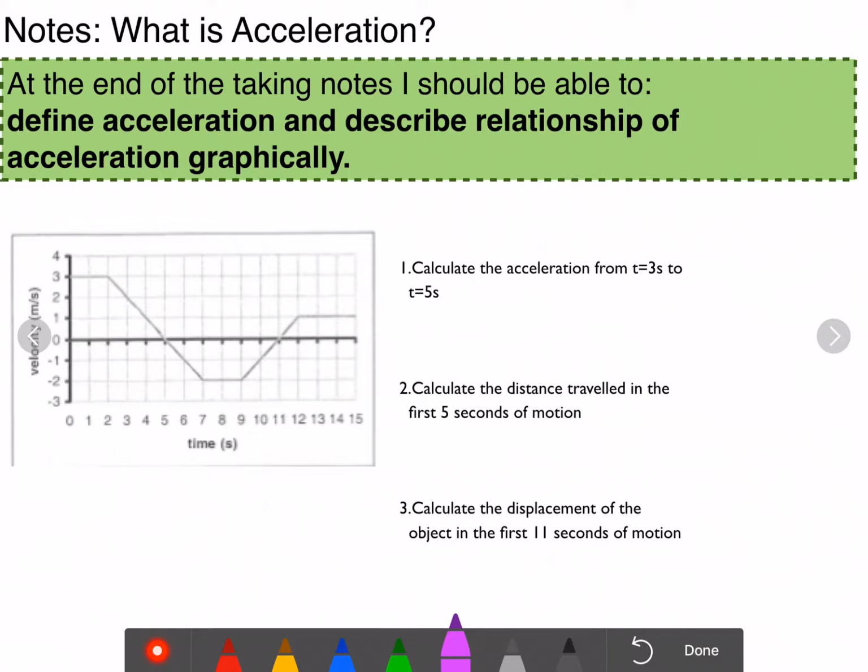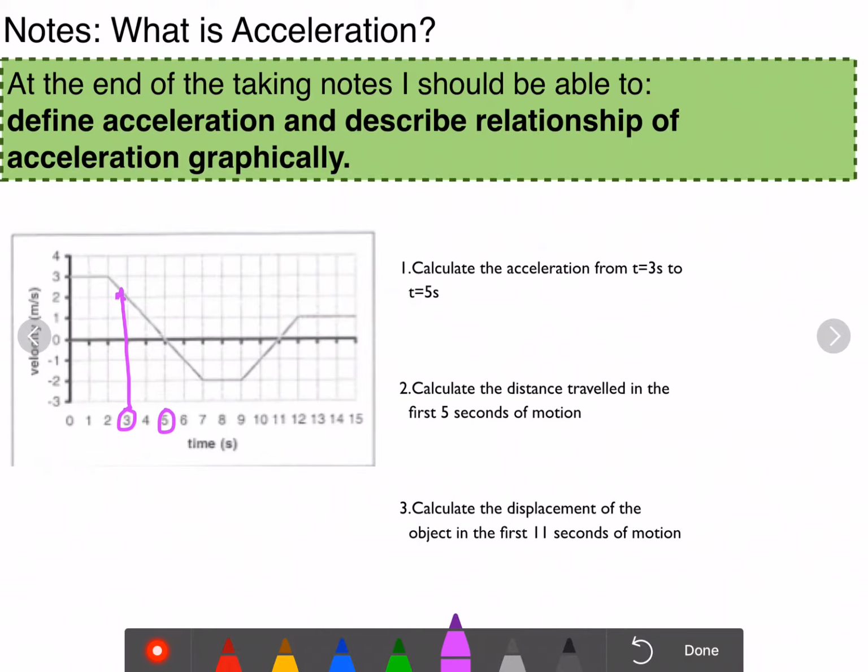So calculate the acceleration from 3 seconds to 5 seconds. I'm going to circle 3 seconds and 5 seconds. If I go up to 3 seconds, velocity is at 2.5.